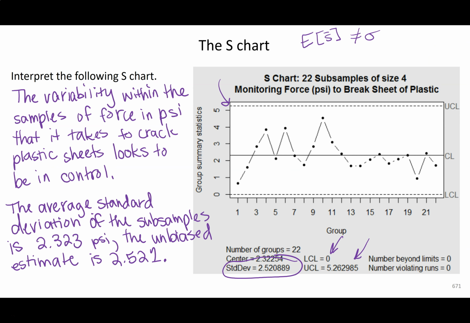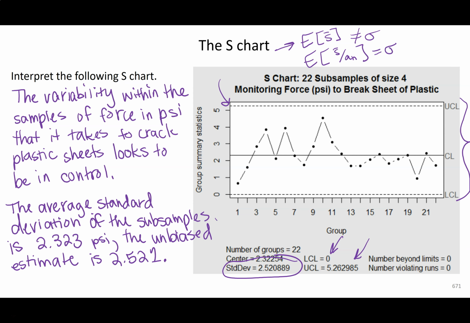Okay, so further, in addition to looking as if it is in control, we would say the average standard deviation of the subsamples is 2.323 psi, because that's what we observed. However, we know that's a biased estimate for sigma, that the expected value of S bar is not equal to sigma. The expected value of S bar over A sub n is equal to sigma.